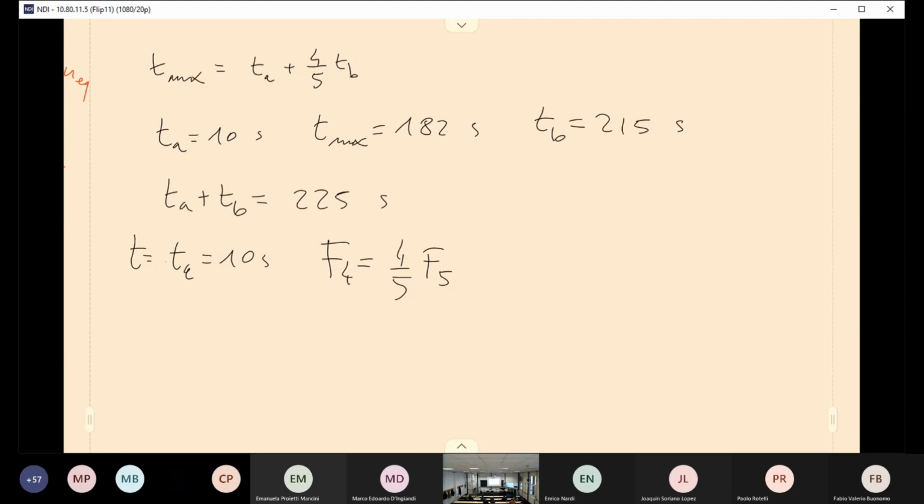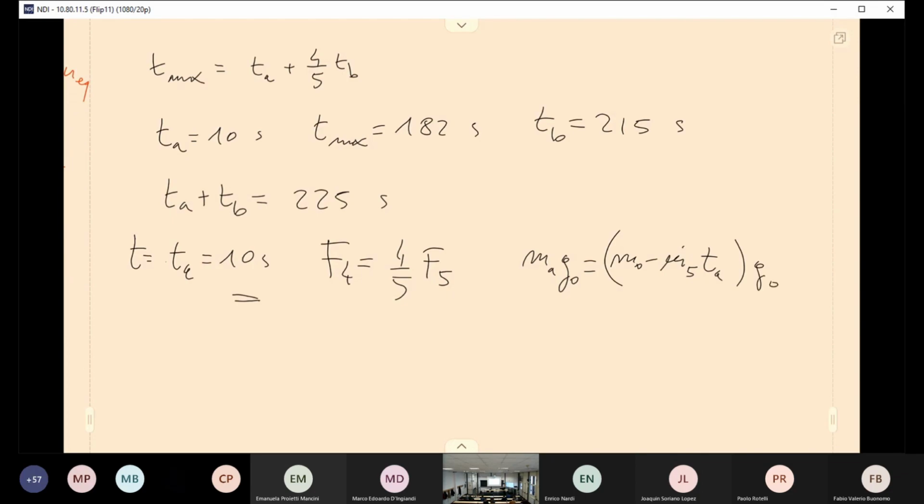So the weight at this time of 10 seconds, ma times g0, will be the initial mass minus the consumed mass, m dot 5 Ta, times g0.